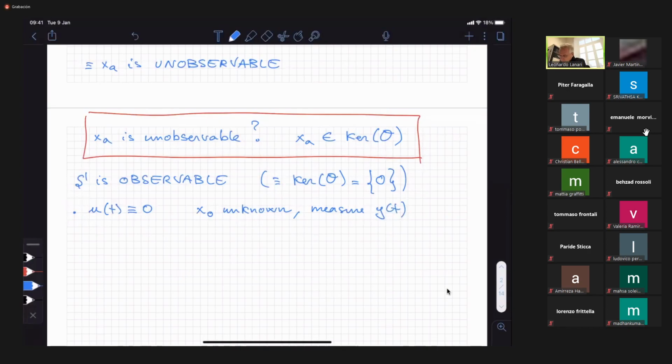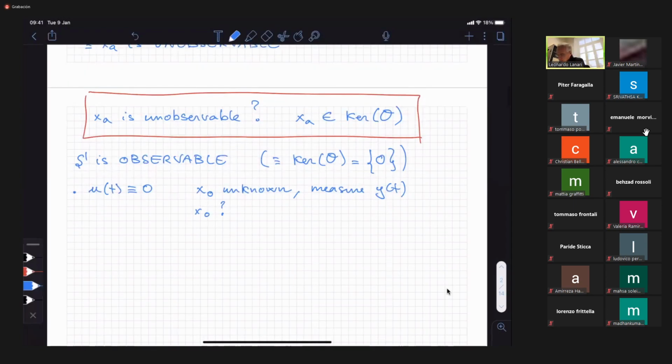So the question we were asking is, can we reconstruct x0 where we started from just by the knowledge of the system matrices? I'm just considering the case d equals 0 and the output. From this knowledge, is it possible to reconstruct the initial state where we started from?